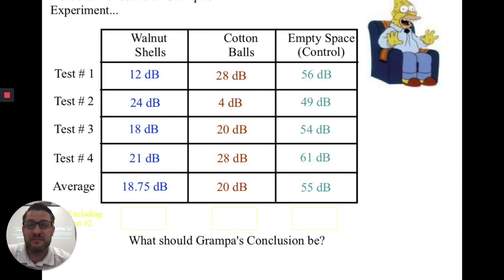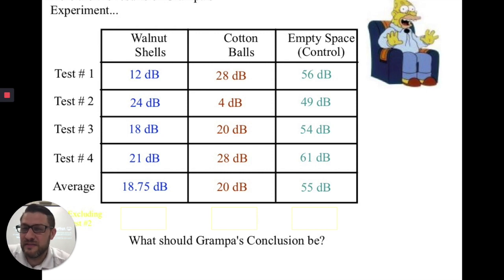So when choosing a material to fill your walls with, if you're going to soundproof this way, you would want to consider which one is more effective, but you might also consider what's more cost effective, what's cheaper in price. It might be really expensive to get a bunch of walnut shells. It may be cheaper to get cotton balls. So with these results, you might ask yourself, well, cotton balls are not as good, but we can afford more cotton balls than we can walnut shells.